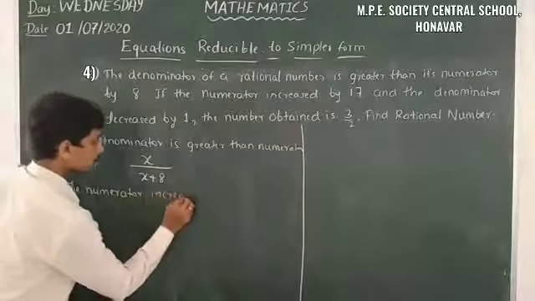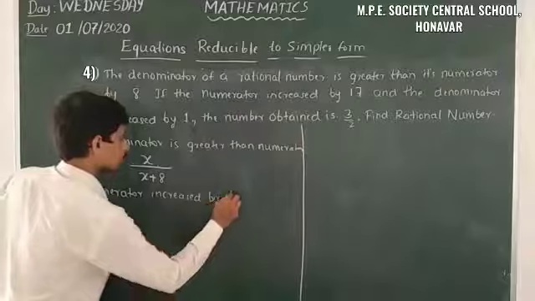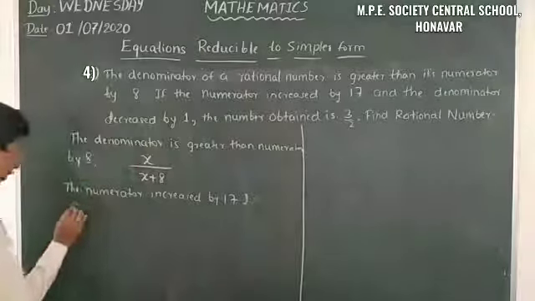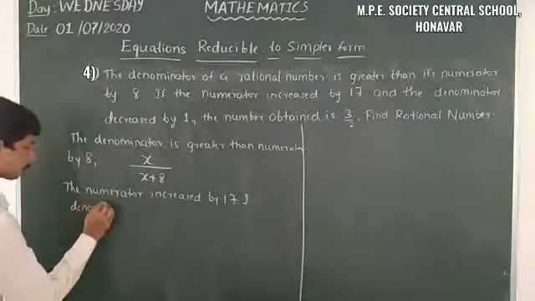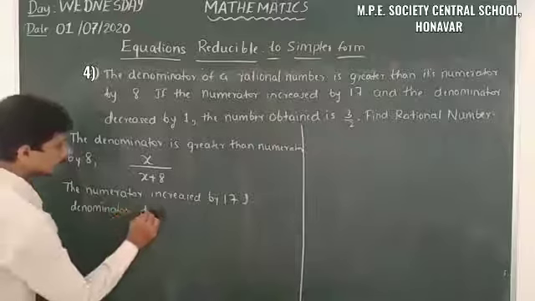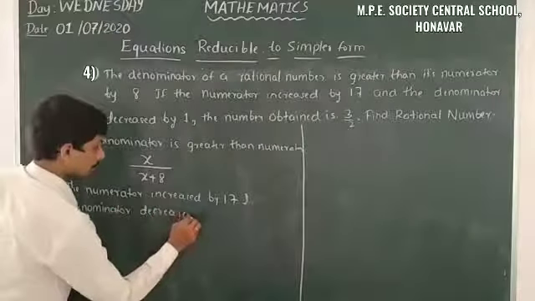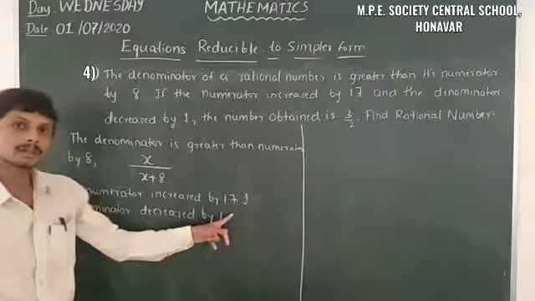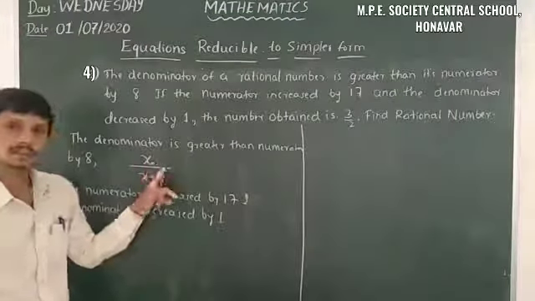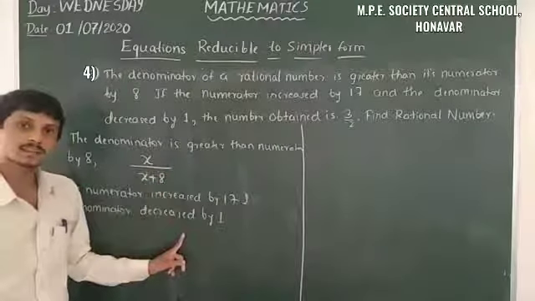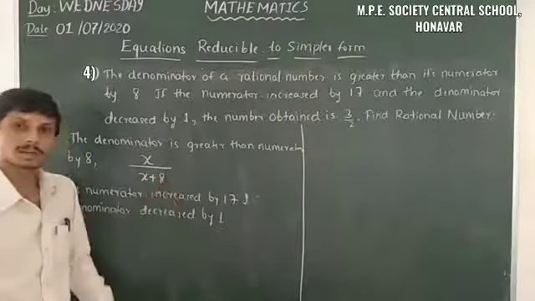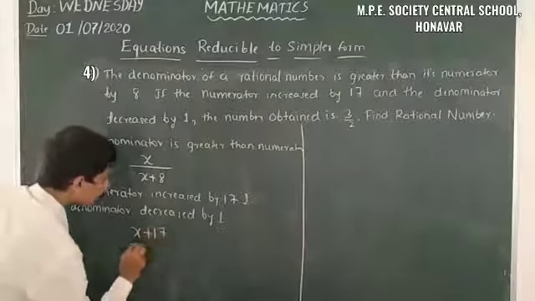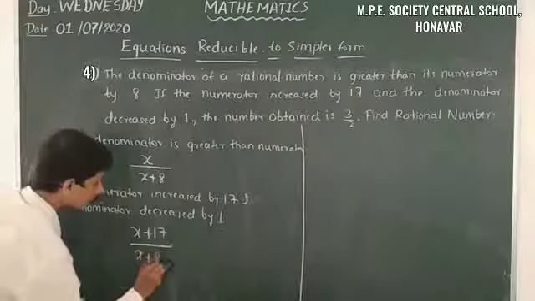That means we have to increase the numerator by 17, so we add 17 here, and we decrease the denominator by 1, that is, we subtract 1. So we got x plus 17 by x plus 8 minus 1.